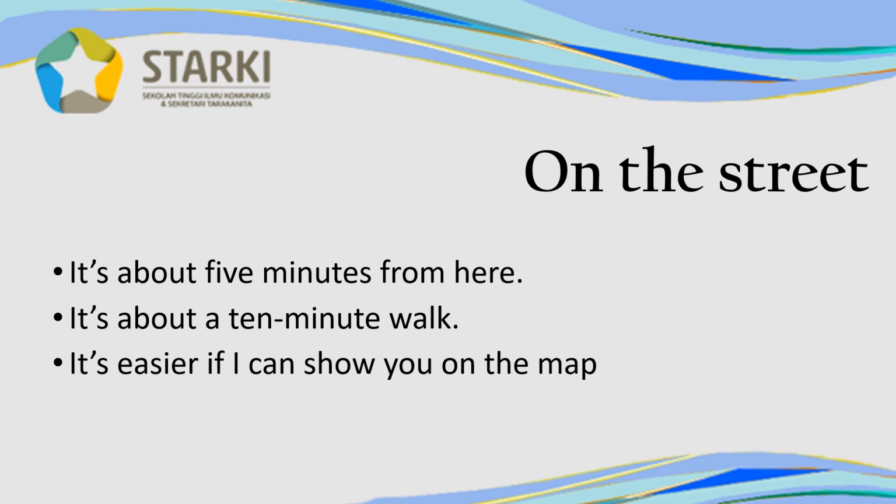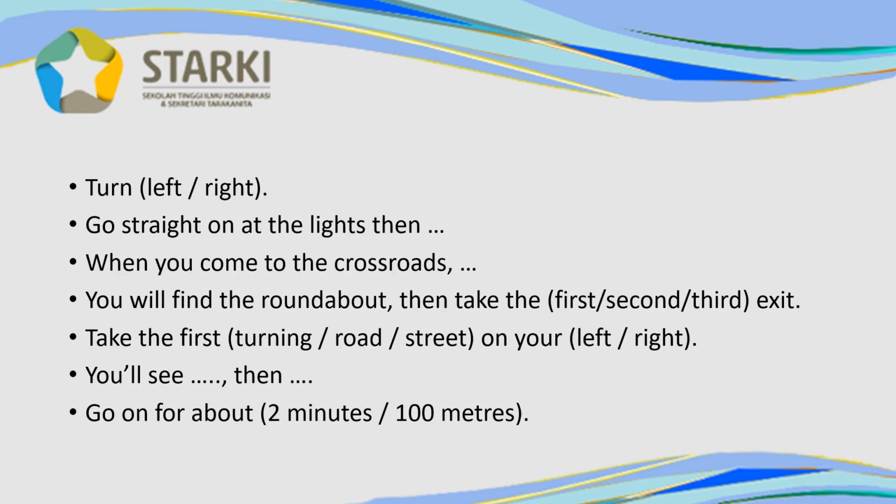And then on the street, you can try to have such kind of the prediction like it's about 5 minutes from here, it's about a 10-minute walk, for example. It's easier if I can show you on the map. Or, okay, go straight on at the lights, then you will find another crossroad, turn left, for example.